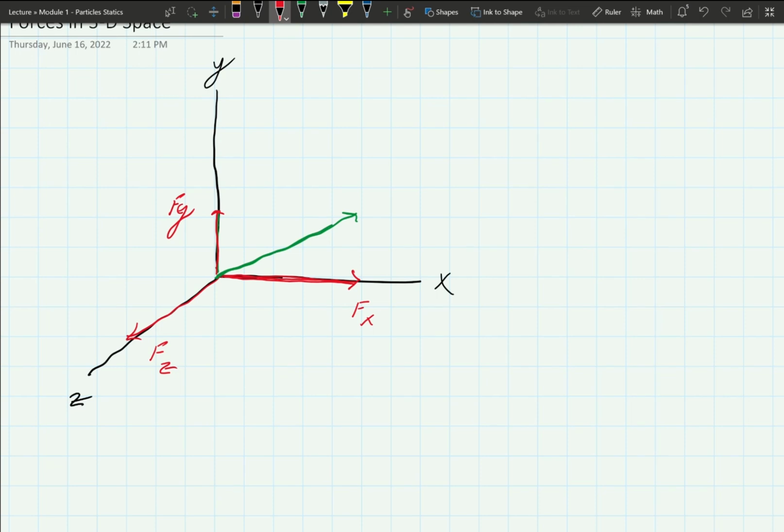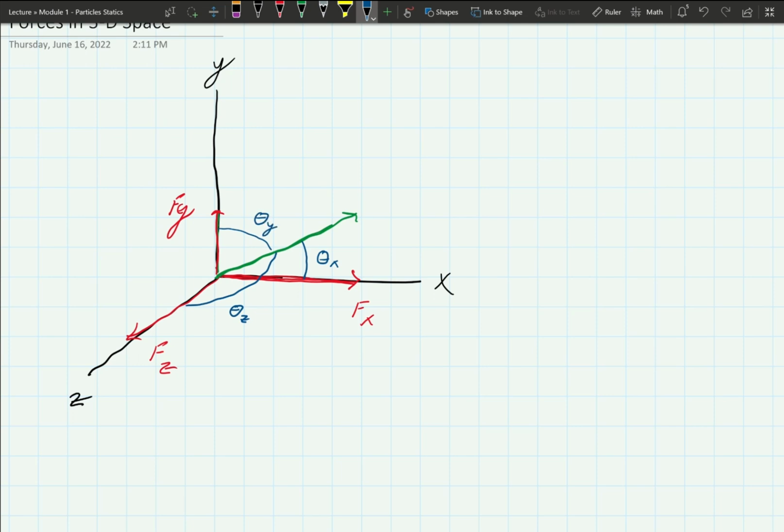And to keep some sanity in the directions here, we have a theta z, and then we have a theta x, and then what's left is theta y.